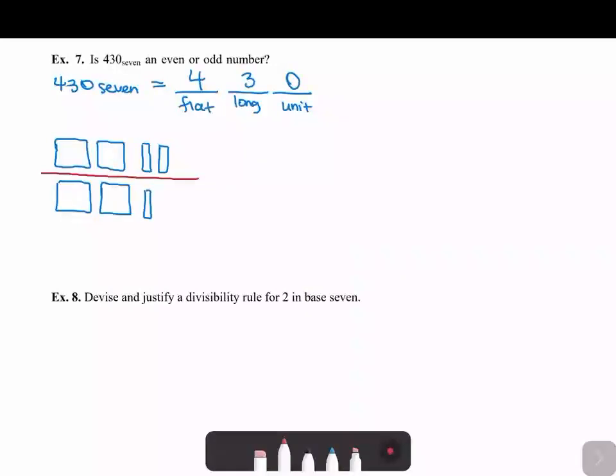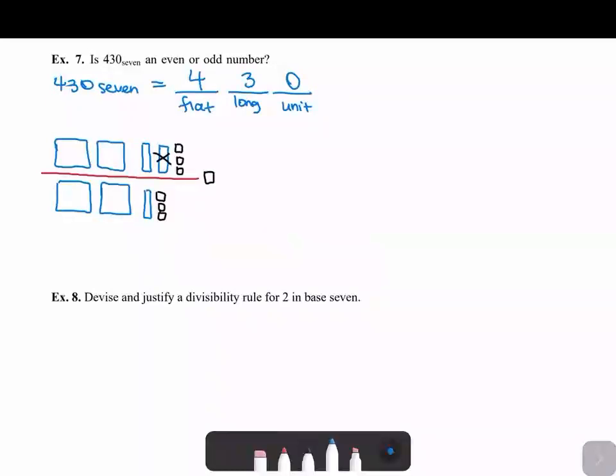So if instead we take that long and make it into 7 units, we can have 3 on top and 3 on bottom, but then we still have 1 left over. So this is actually not an even number, even though it ends in a 0, because we want to be able to split it into 2 equal groups, 2 even groups.